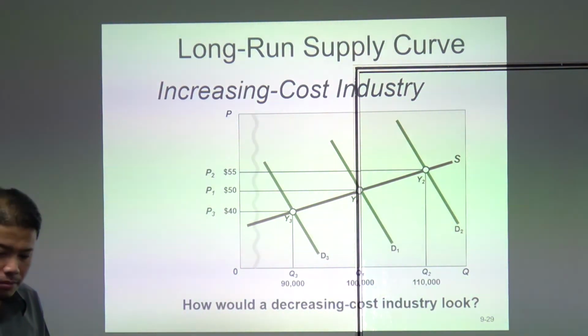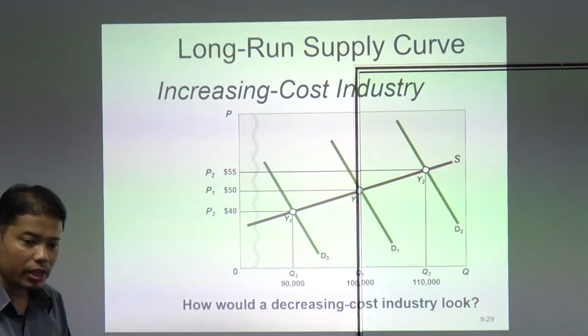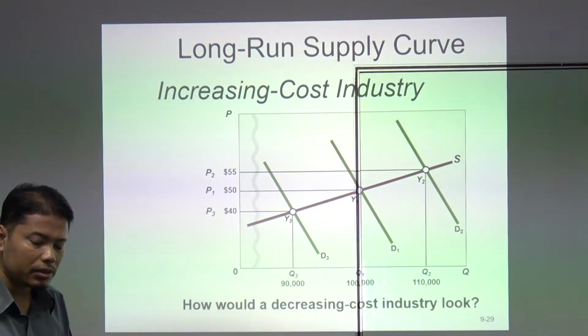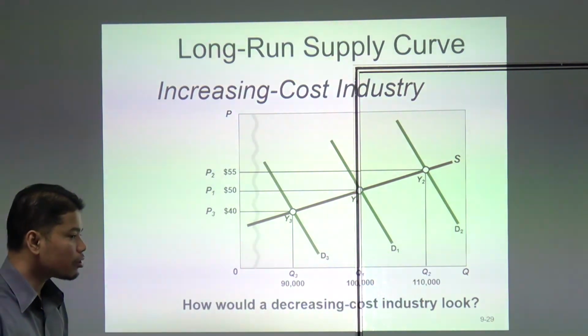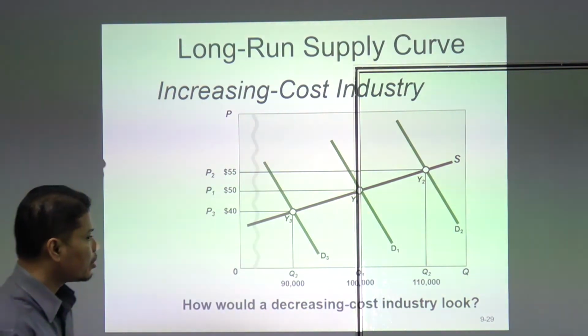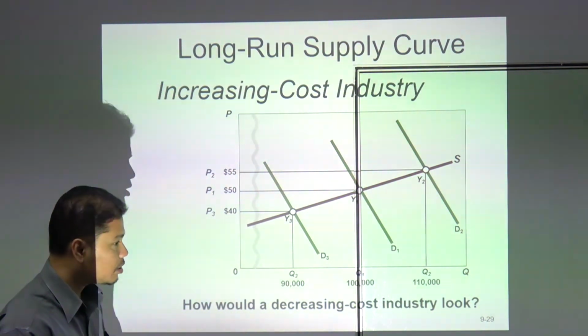As new firms enter, they need to produce the product and sell it in the market, so they will also demand the same type of resources. When they demand the same type of resources, the price of these resources will go up, so the cost of production for the firms will also go up as well. Because of the higher cost, the new equilibrium will not return back to the original price.